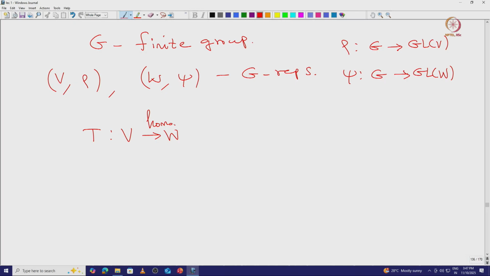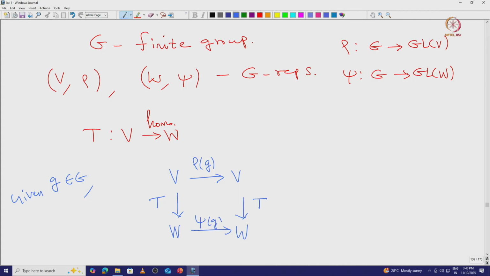In particular we have the following diagram. Given g in G, we can talk about this rho(g), and then we have this map T, and then we have this xi(g) here.